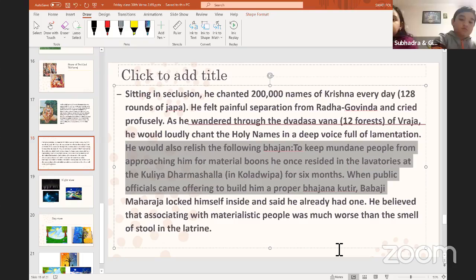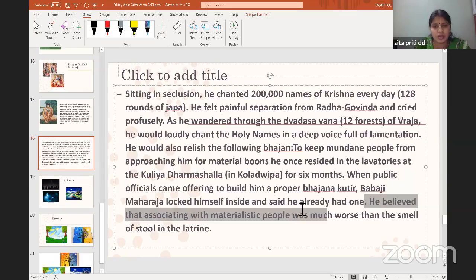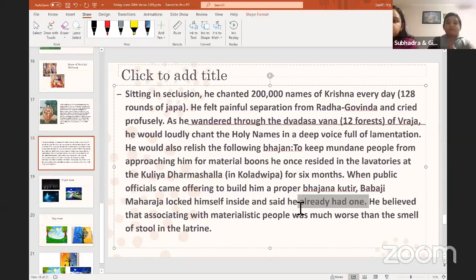When public officials came offering to build him a proper bhajan kutir, Babaji Maharaj locked himself inside and said he already had one.